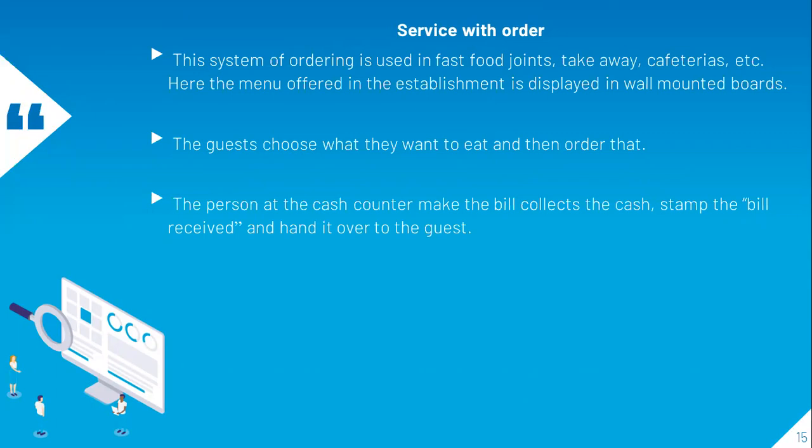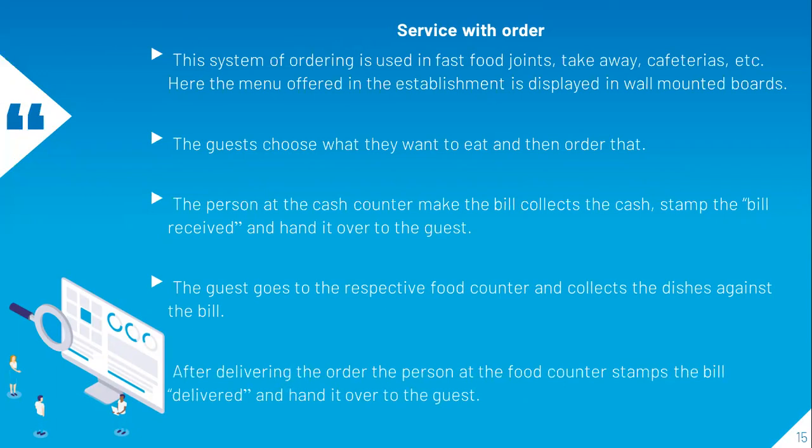He will also put a stamp as bill received. The same will be given to the guest. Now the guest will go to the respective food counter and will collect the food against the bill. So the bill will have another stamp which says the food delivered. This is what happens when we have service with order system used.